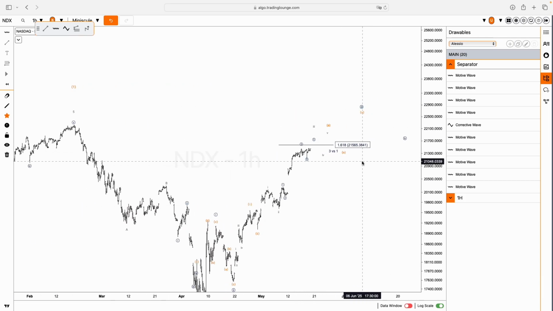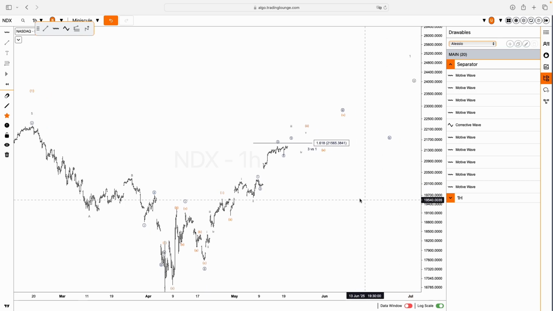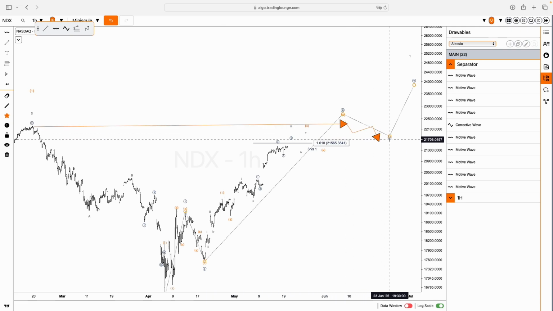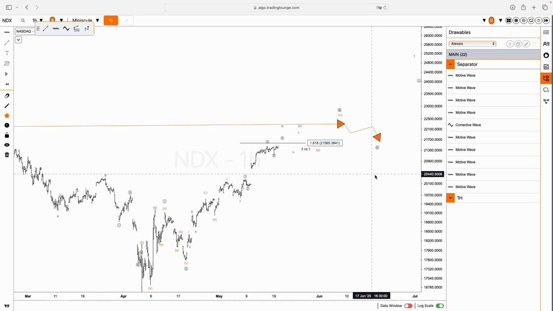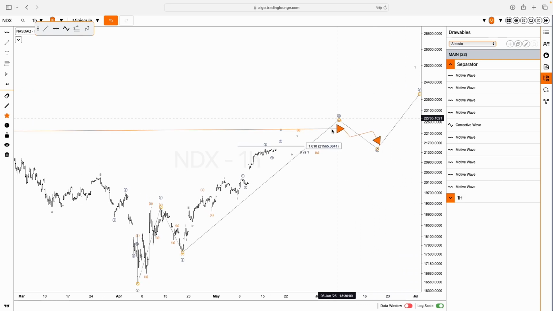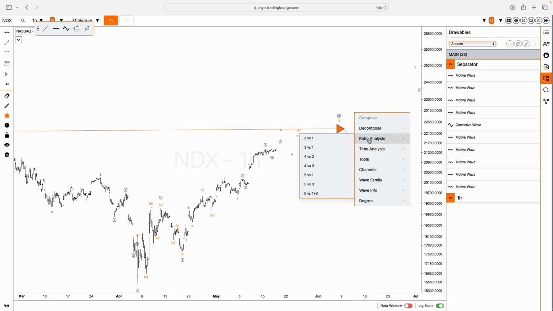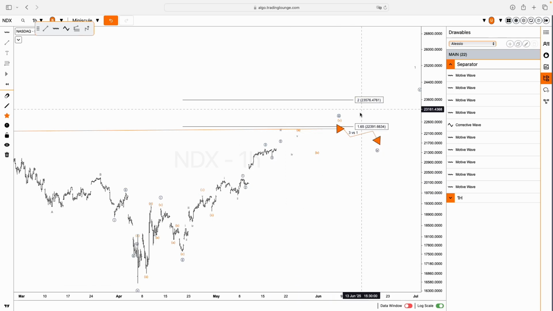Okay. And we might get the larger pullback at the previous all-time high, which would correspond potentially to minute wave 4 here. Okay. I would say, guys, it makes sense. Now, if we actually take a look at ratios between minute 3 and 1, we see that, oh, look at this, guys.